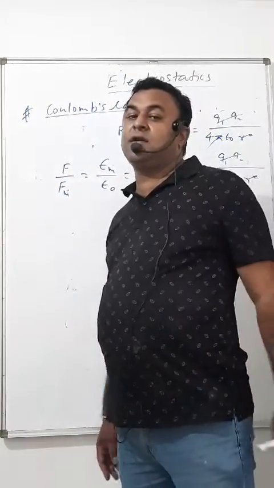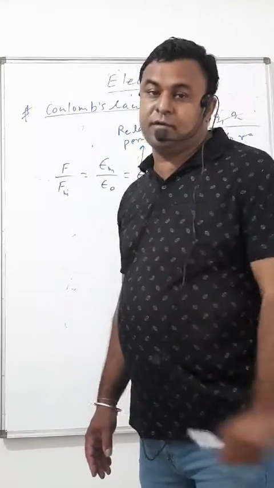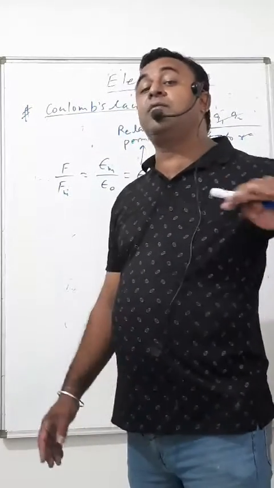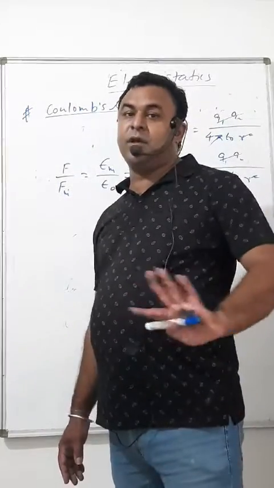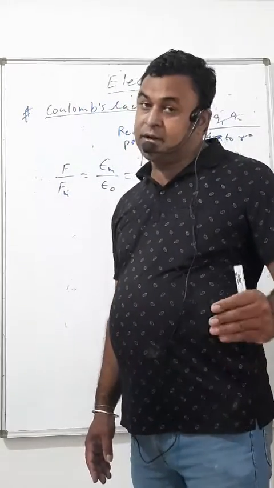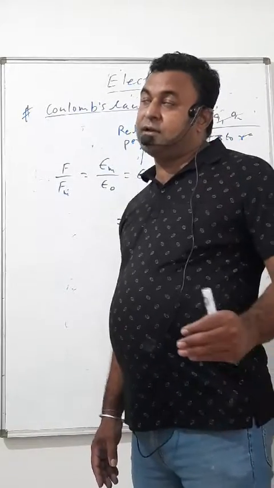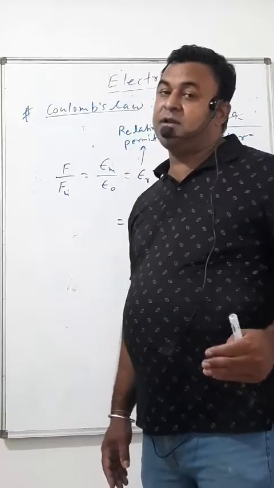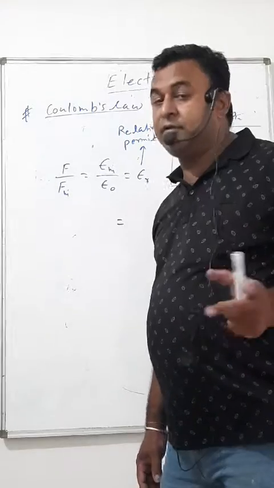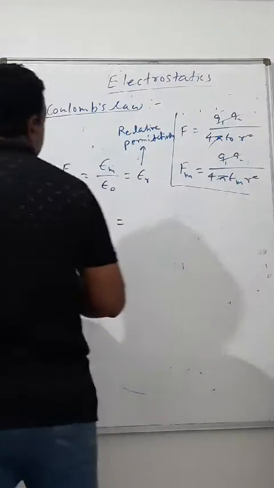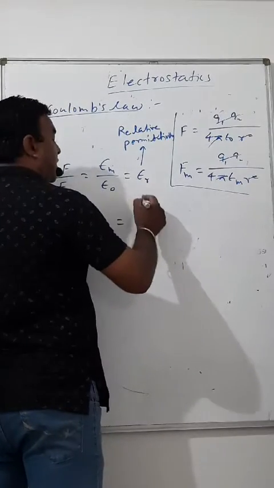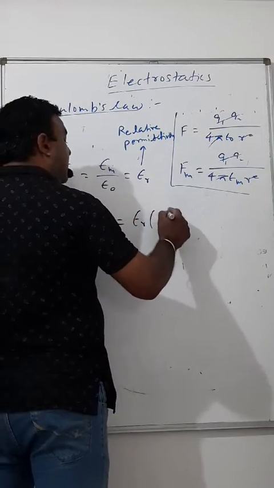You said density of mercury is 13.6, then it is actually relative to the water. If you call density of copper 8.0 without units, that means copper is 8 times heavier than water, the unit volume of it. So in the same way, we call it relative permittivity, or we write it capital K.